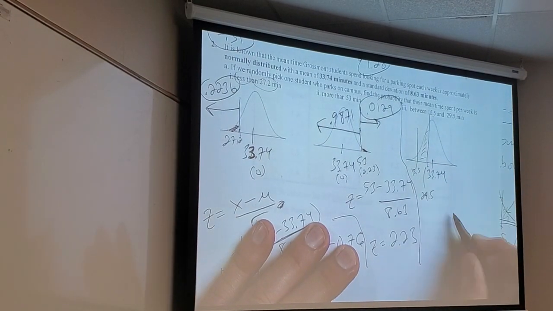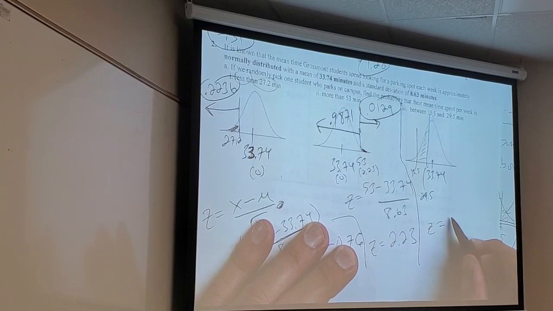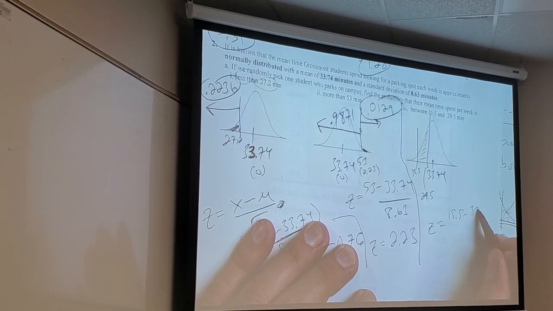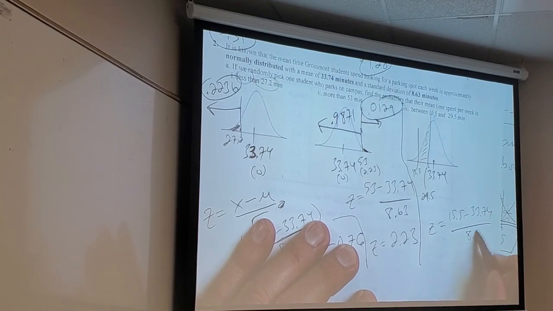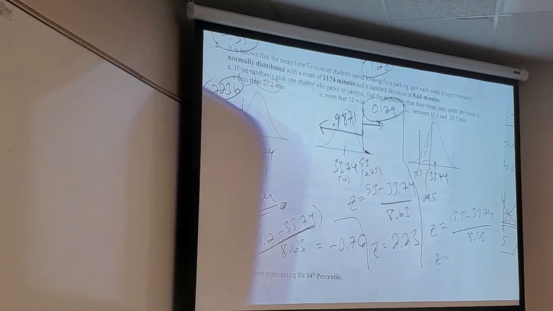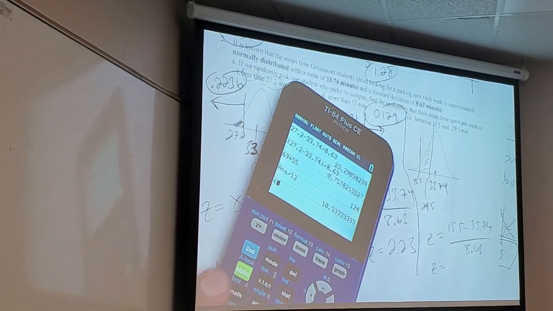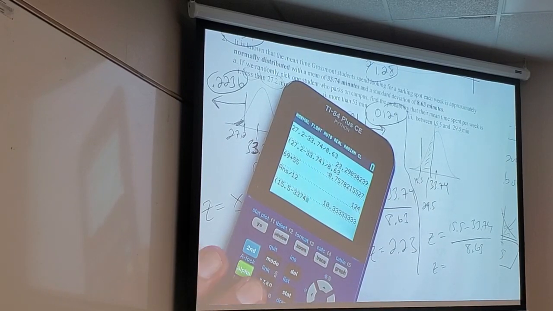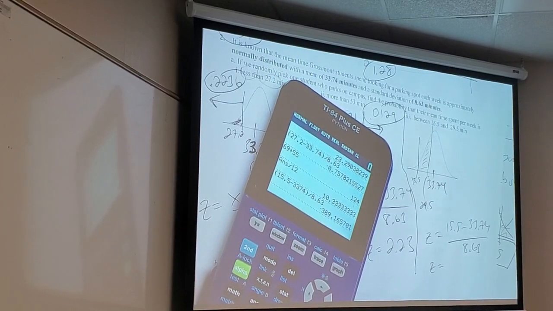If I make a z-score out of both of these, what's the z-score for 15.5? What'd you guys get? Negative 2.1?